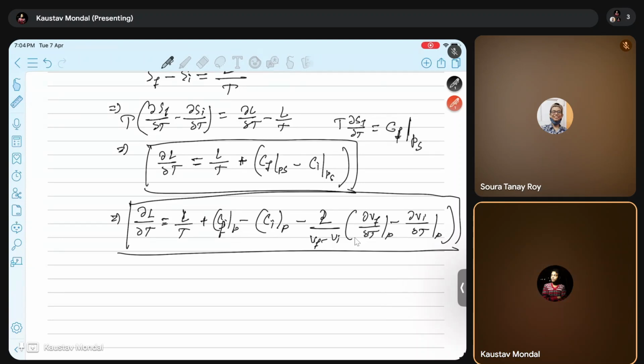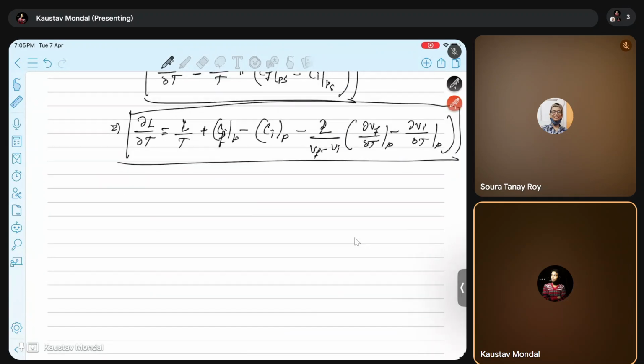Okay. Next we will discuss the Gibbs phase rule. What does this Gibbs phase rule tell us?